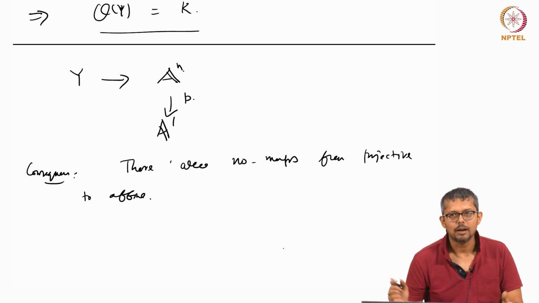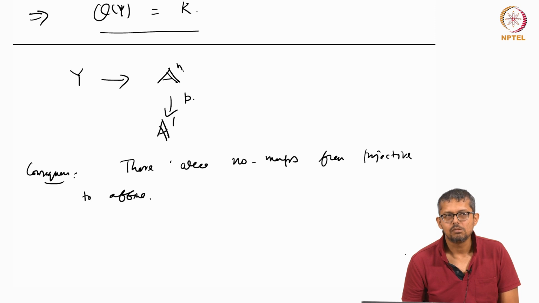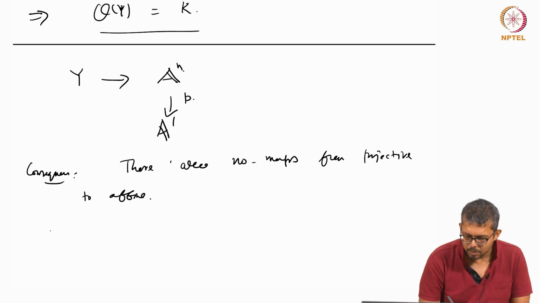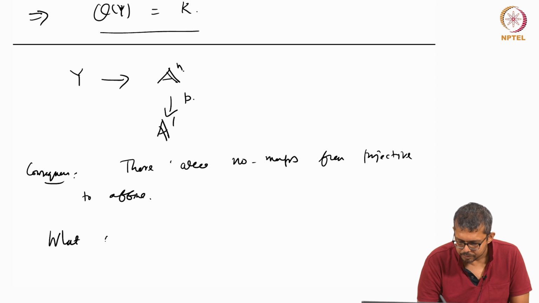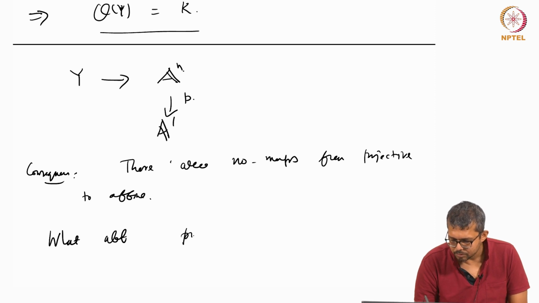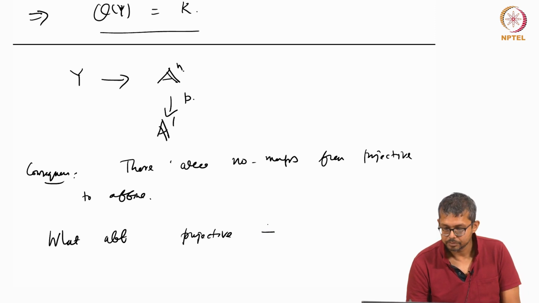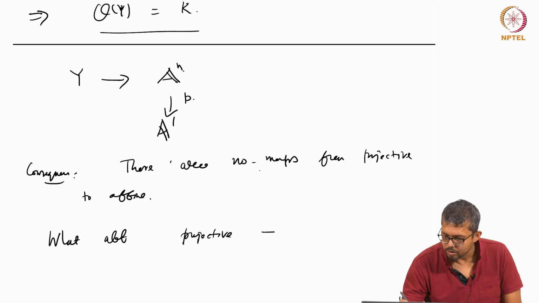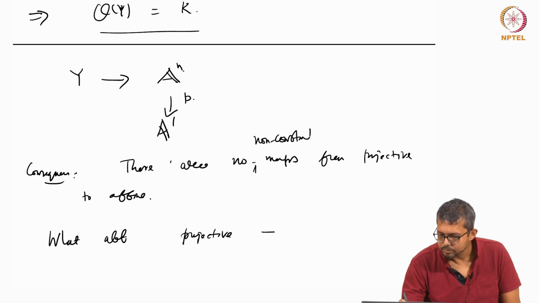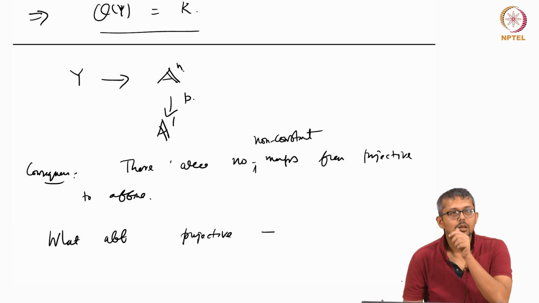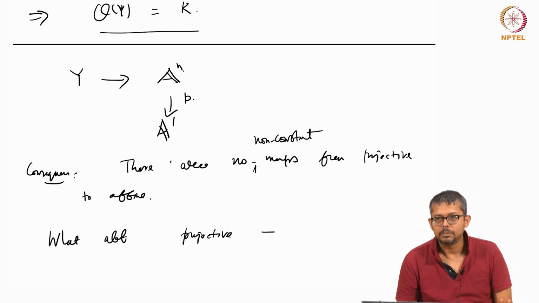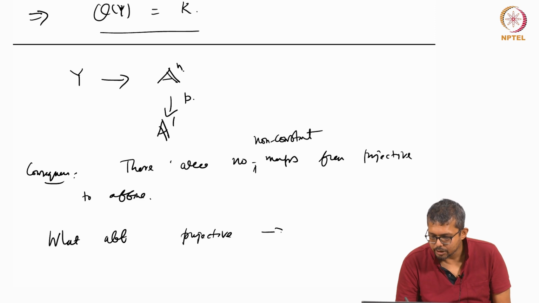Are there non-constant or non-trivial maps from projective to projective? There are plenty of maps.